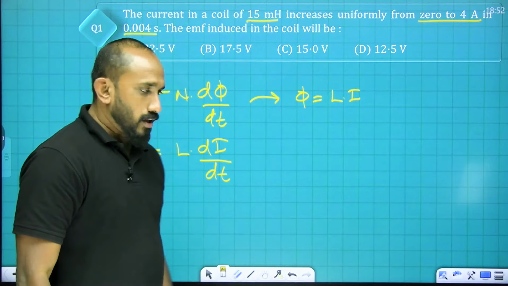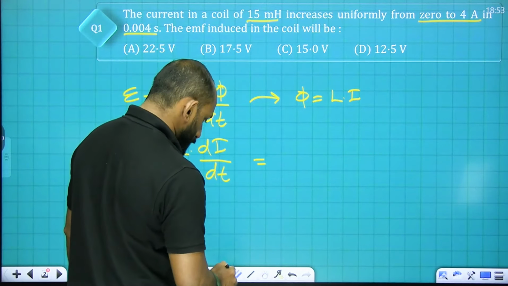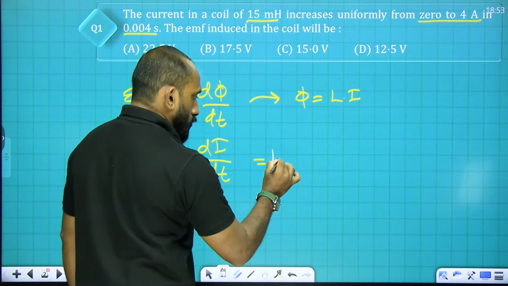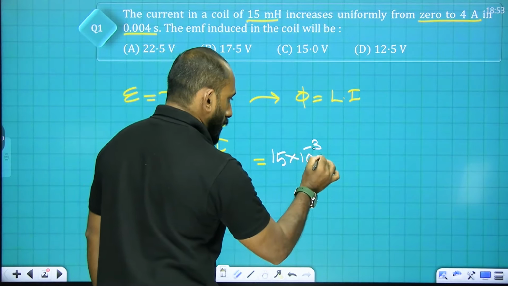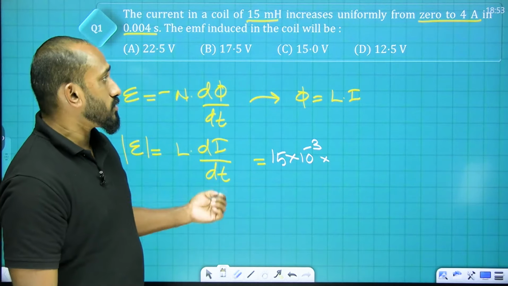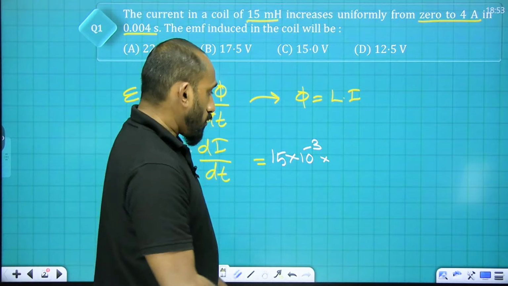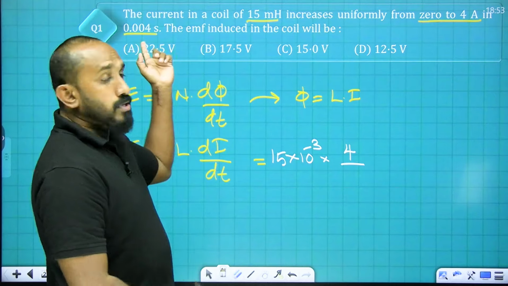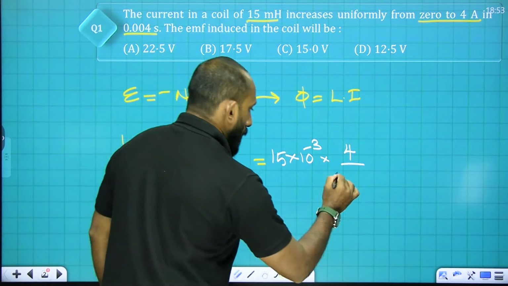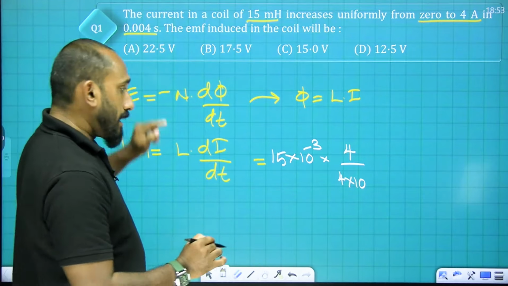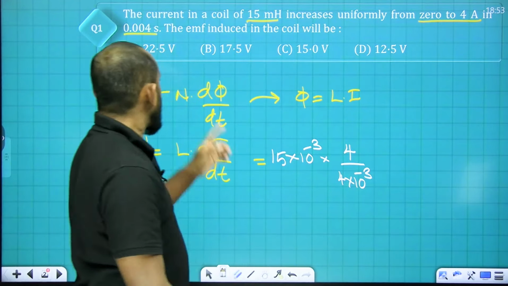So if you substitute it, L is given 15 millihenry, so that is 15 into 10 raised to minus 3, into di by dt, change in current by time taken. Change in current is 0 to 4 ampere, so that is 4, divided by duration of time 0.004 seconds, which I am writing as 4 into 10 raised to minus 3 seconds.